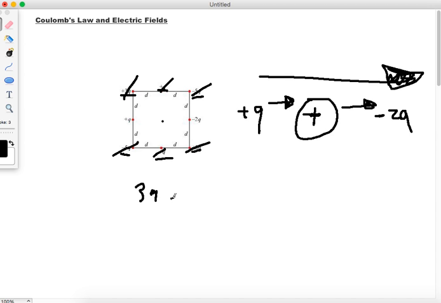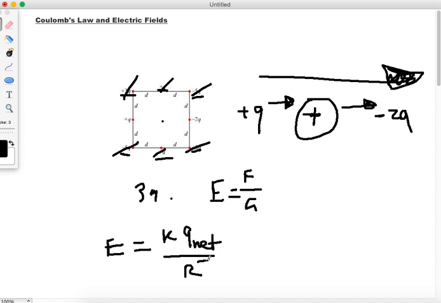So now, let's find the electric field. The electric field formula is E equals F over q. But it's also, if there is no explicit charge, then E is equal to k times net Q, all over the radius squared.